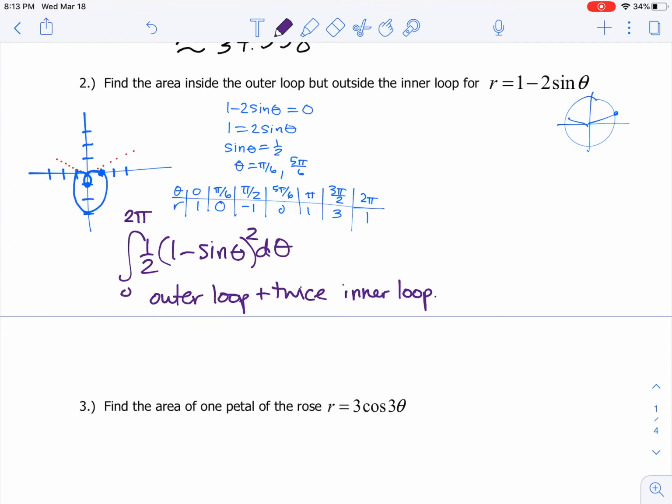So if I want inside the outer loop but outside the inner loop, then I'm going to have to subtract, well, I don't really want blue again.